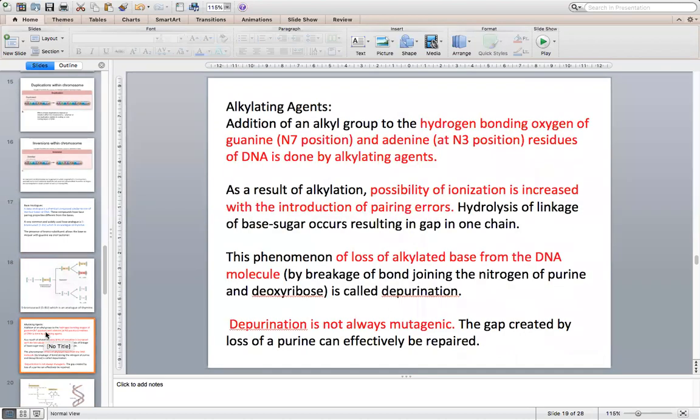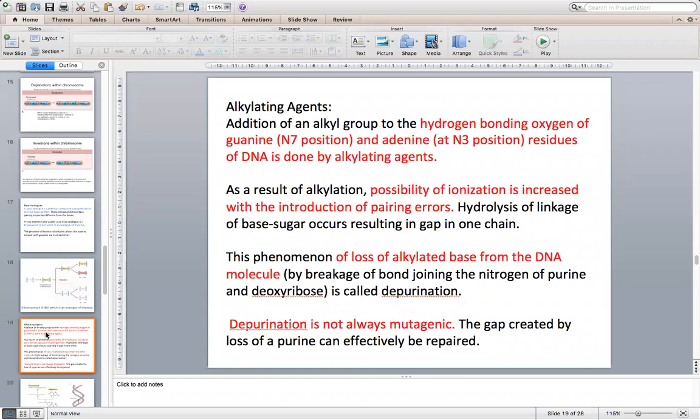Next one is alkylating agents. Again, we have the bases adenine, cytosine, guanine. What we will do is add an alkyl group, either to the nitrogen in the seventh position of guanine, or to the adenine in the third position. So it will lead to some changes.